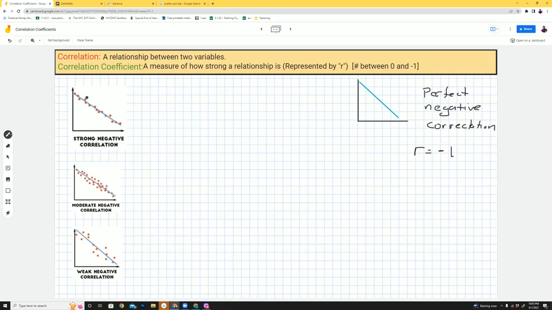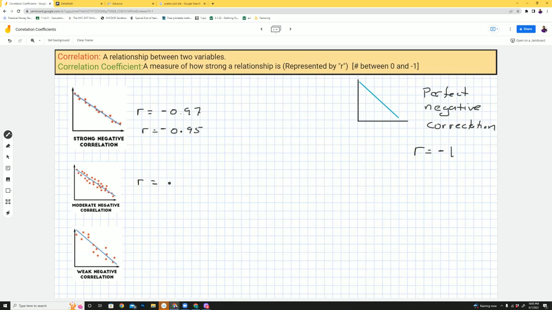Now again, if the dots are close together, not a perfect line, but really, really close to it, we'll have a strong negative correlation. This could be r equals negative 0.97 or r equals negative 0.95. We can have a moderate negative correlation. This is somewhere in between.